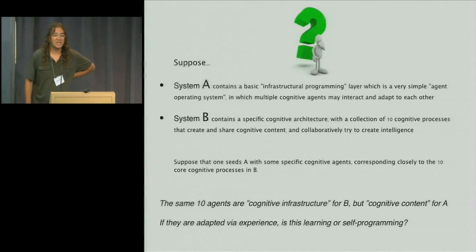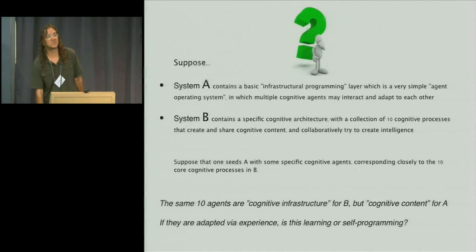So just to start off introducing you to my train of thought, I considered two different cases. You could consider the case of two different AI systems that do the same thing but with a different underlying software architecture. System A in this thought experiment is kind of an agent operating system. You have an infrastructure layer that just runs AI agents, and they can interact and adapt with each other. Now, system B is a more specifically hardwired AI system, which contains, say, 10 cognitive processes, say one doing reasoning, one doing learning, one doing concept creation, one doing language.